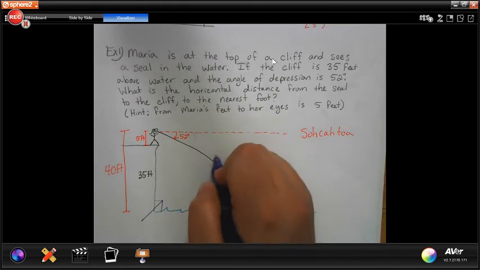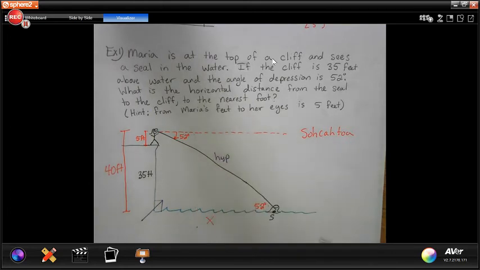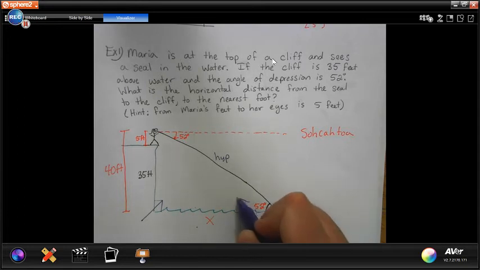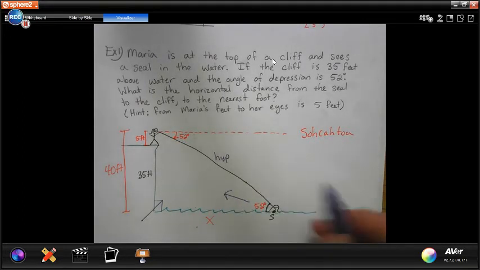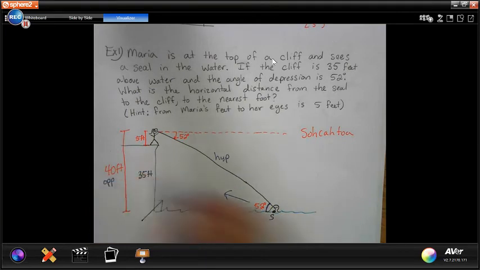So that means this is the hypotenuse. Our viewpoint is from the seal where our 52 degree angle is. So that is our viewpoint. If we're looking from 52 degrees, remember, across the street is opposite. So this is opposite. And then adjacent would be down here.